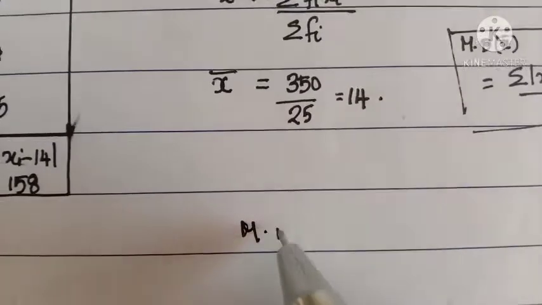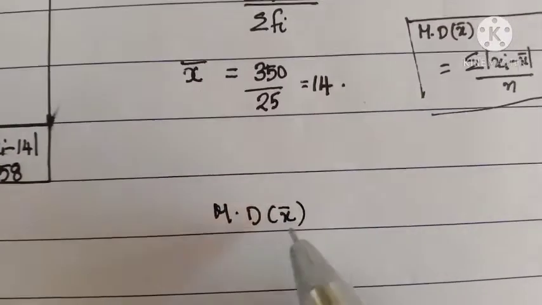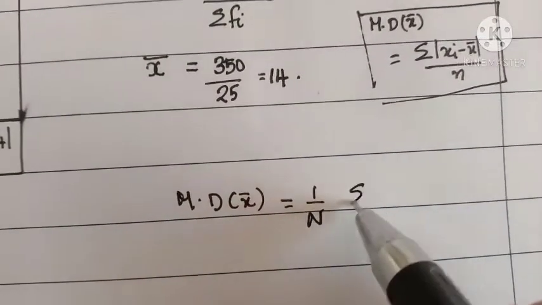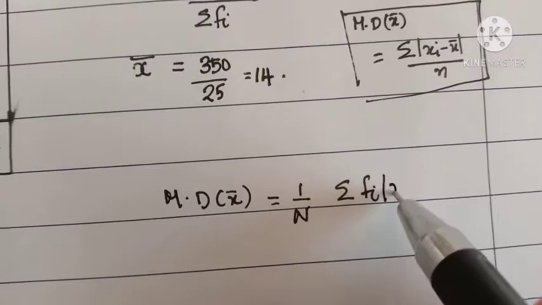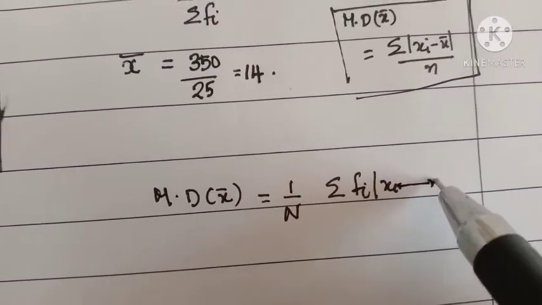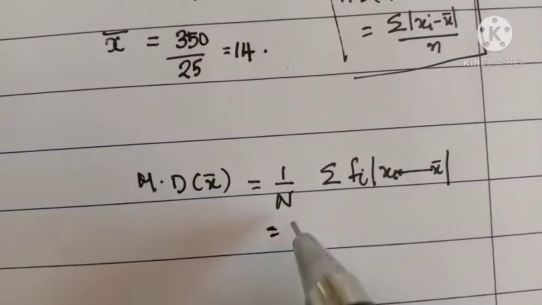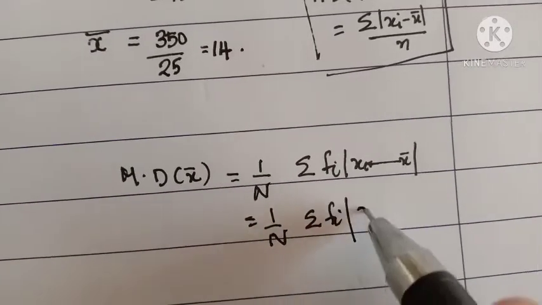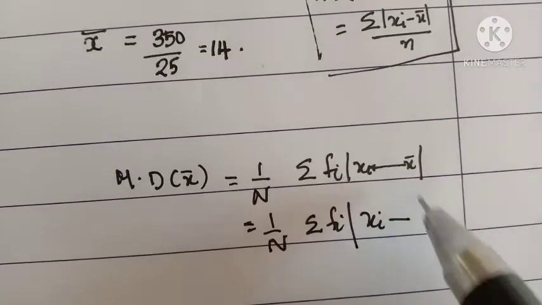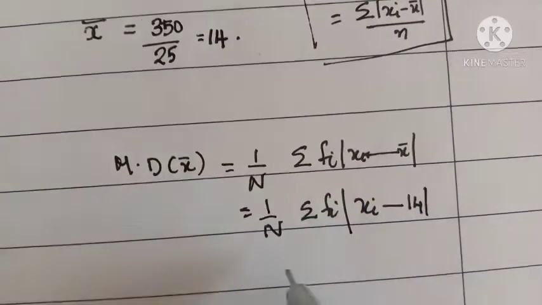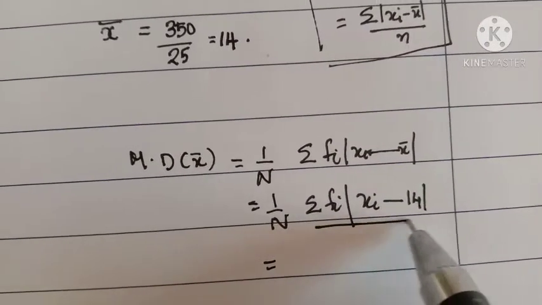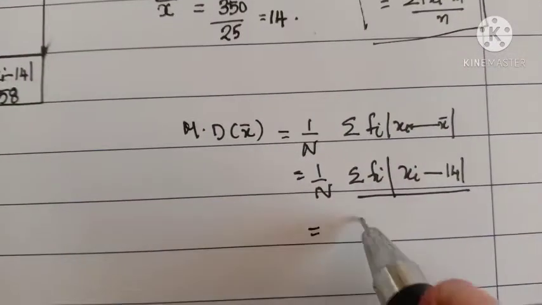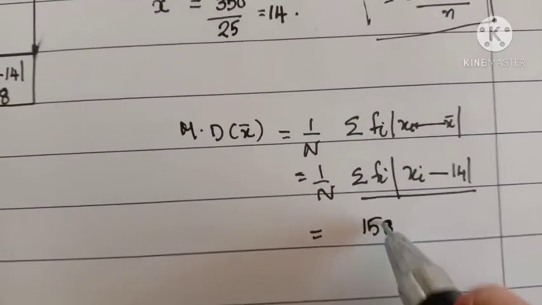Mean deviation about mean is obtained by 1 by n sigma fi into mod xi minus x bar. That is 1 by n sigma fi into mod xi minus 14, where x bar is 14. And we have seen that sigma fi into mod xi minus 14 is 158.